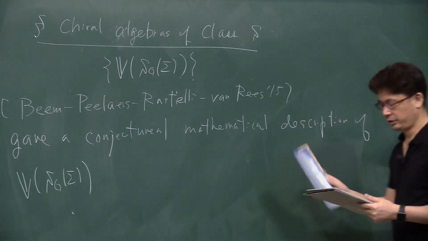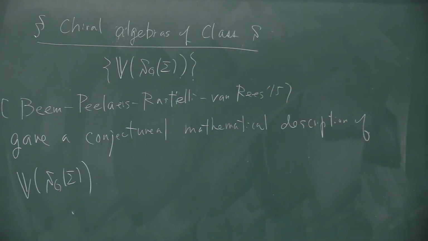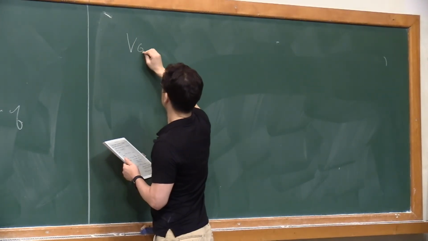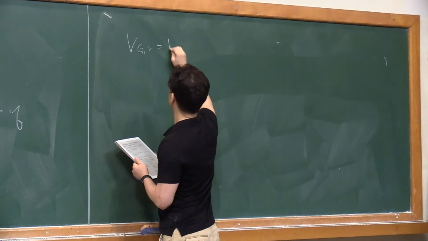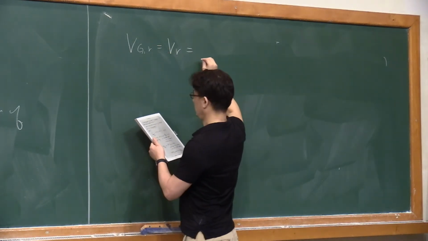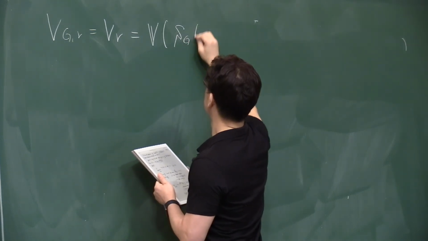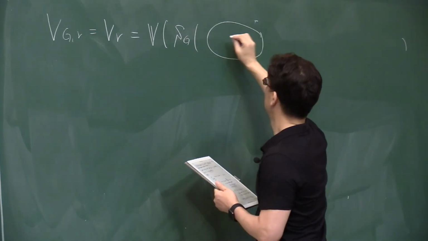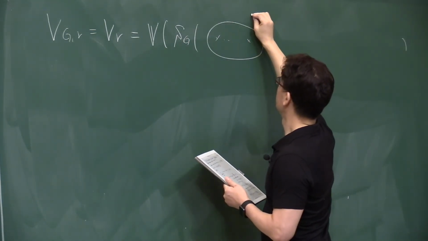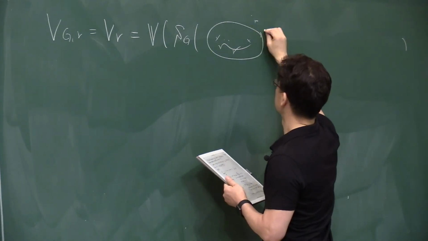Again, it's enough to construct a chiral algebra for genus 0 Sigma. So I want to describe or construct the image of S_G for P1 with R punctures.